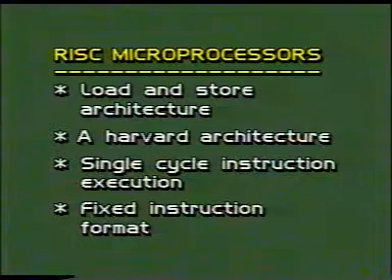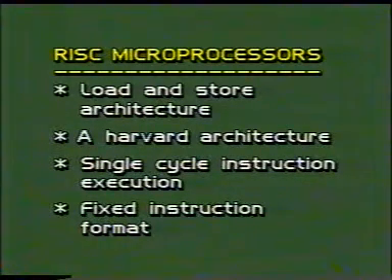Some features of RISC microprocessors: a load and store architecture, that is, only load and store instructions access memory, while the rest of the instructions operate only on registers. A Harvard architecture with separate memories and data buses for data and instructions.